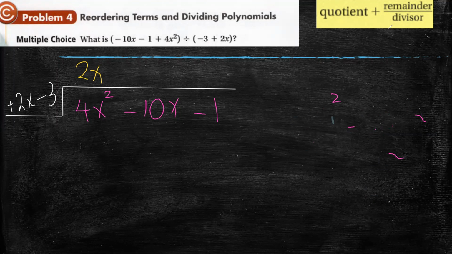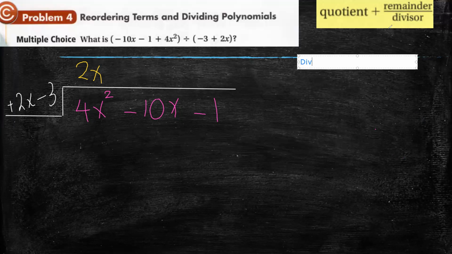Then I want to multiply by the whole term. As I told you, divide by the first term, multiply by the whole divisor.